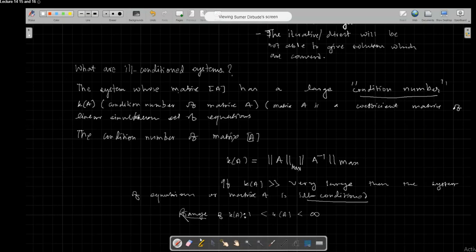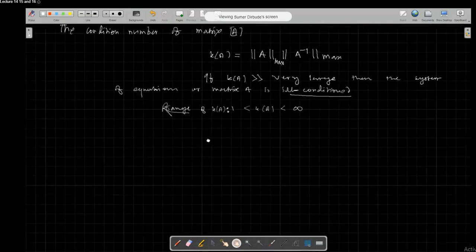Now we'll move on to a direct method, that is the Gauss elimination method.